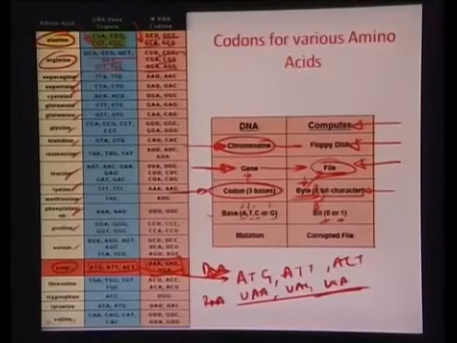You are considering, instead of zeros and ones, 4 different characters to write a bit of information. Then 8 bits are taken together to make a byte, and here several of these bases are taken together to make a codon which is 3 base pairs long.